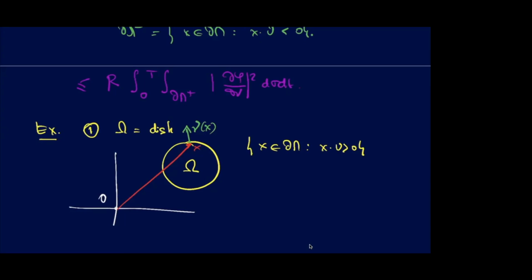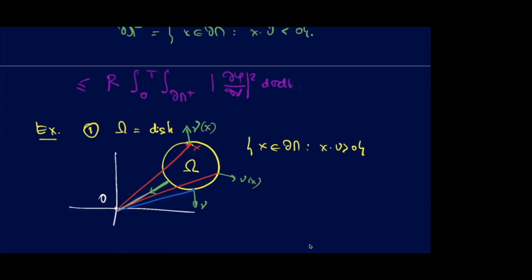You take another point here and you do the same: normal ν(x), and here you have the vector x. And then you have points like in here, where the x vector is pointing in that direction, and ν in that direction, and there are points clearly on the opposite side, like in here, where the radius and the normal are pointing in opposite directions.